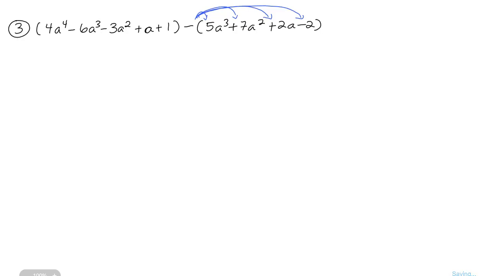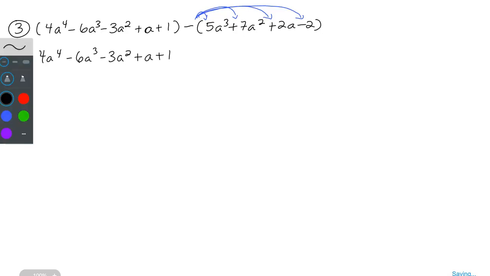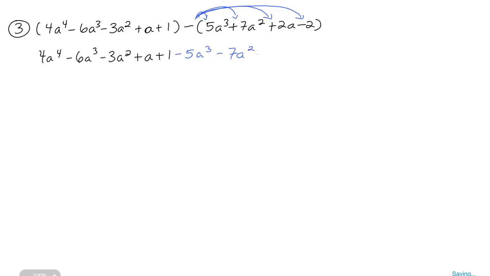I'm going to just copy down the first polynomial just like we have, but without the parentheses. In order to remove the parentheses of the second one, I have to change the signs. Okay, then we're just combining like terms.